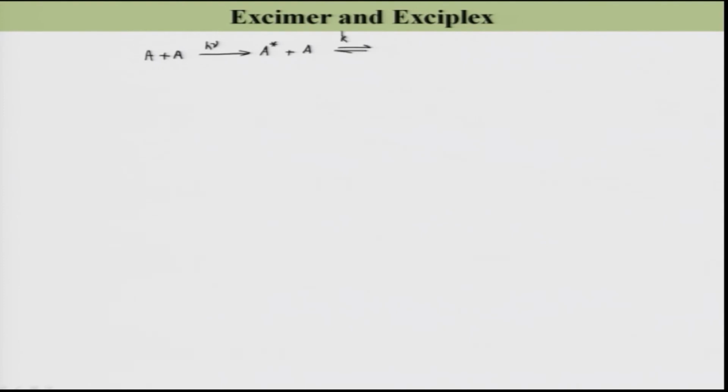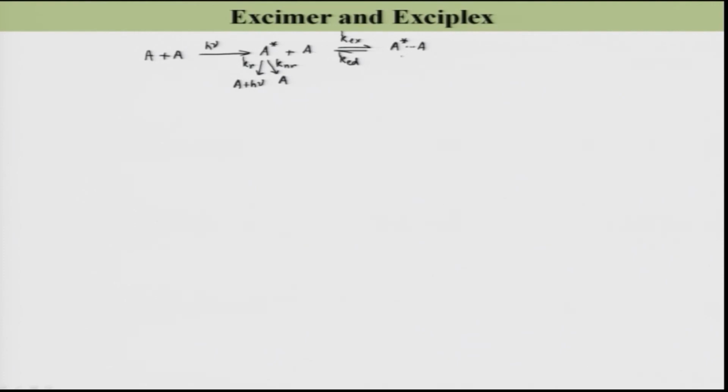So, I will write this rate constant as k excimer formation, k excimer dissociation, E d, which will form A star A, and it has its own radiative rate constant, k r, it has its own k nr, right. So, with this k r it will form A plus h nu, and with this k nr it will form only A, right. So, then you are back to the previous case here, A and A, right.